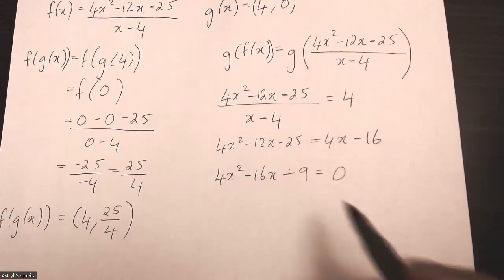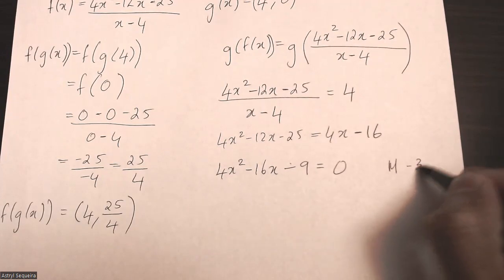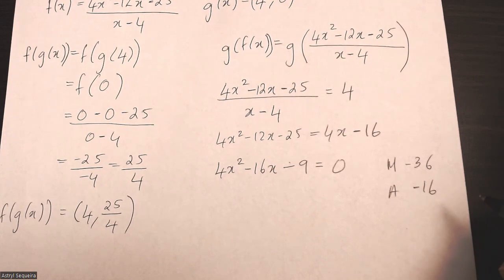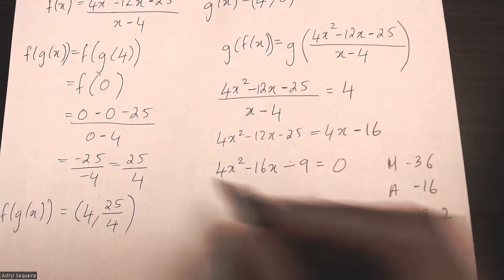Now I can factor this. So what multiplies to negative 36 and adds to negative 16? That's going to be negative 18 and positive 2.